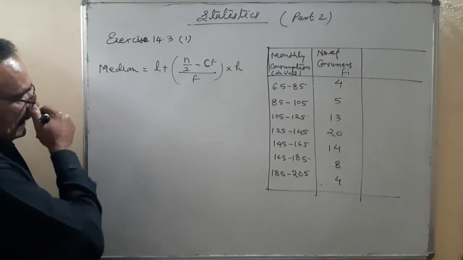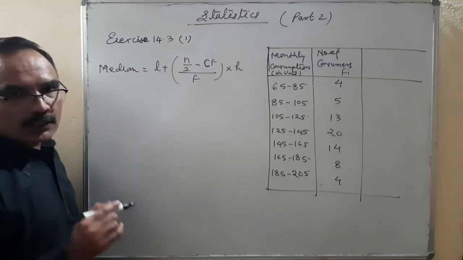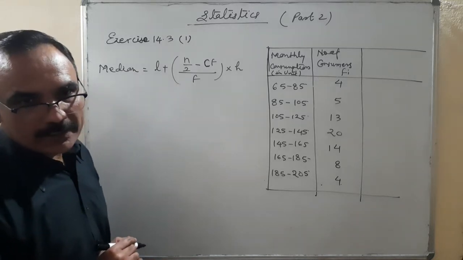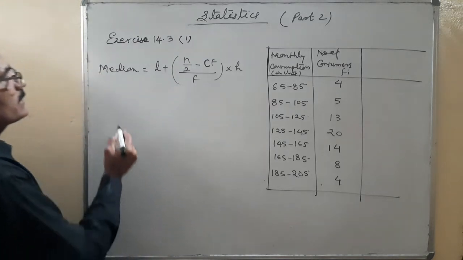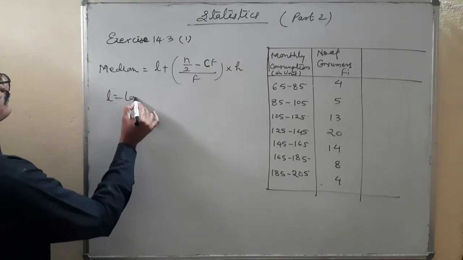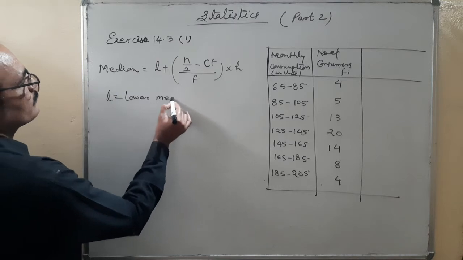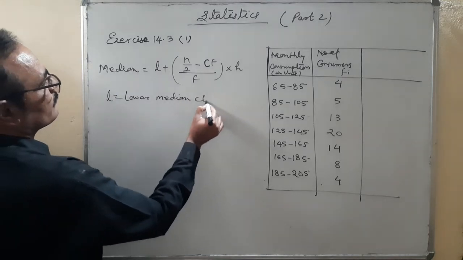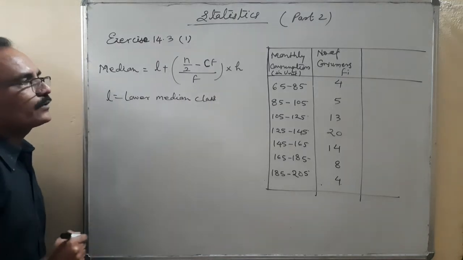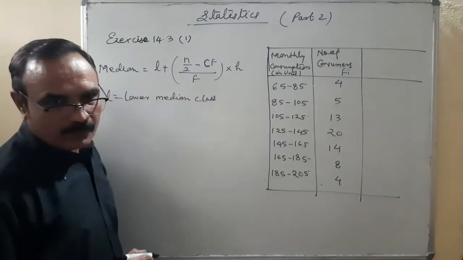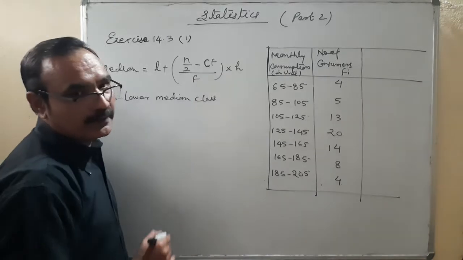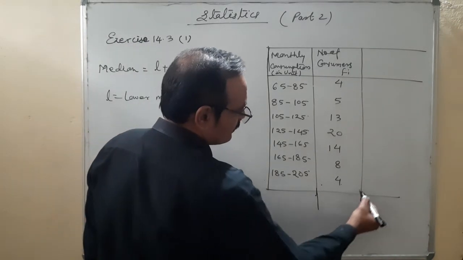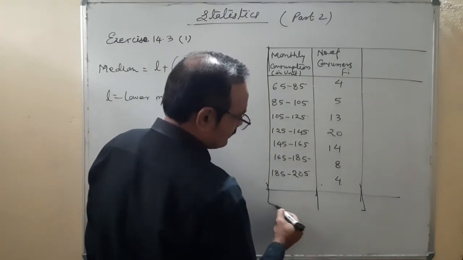Understand these things. L is the lower limit of the median class. How to find out L, the lower limit of the median class? N by 2. N by 2, that means the sum of the frequencies is called N. So let us see what N is.